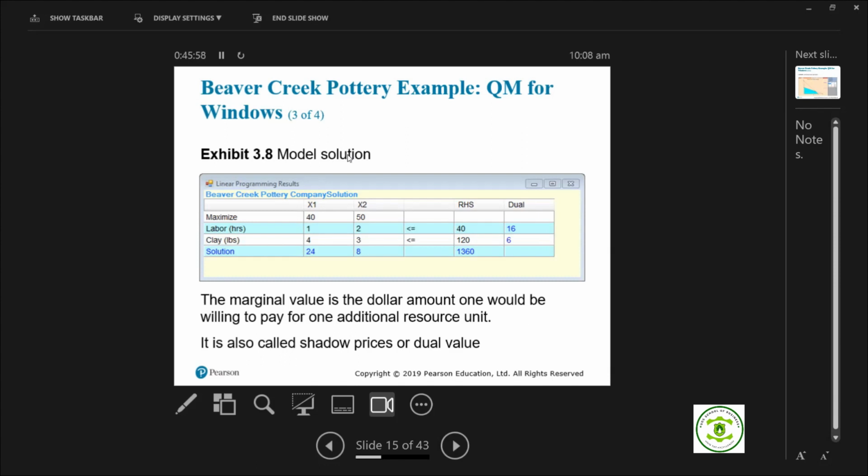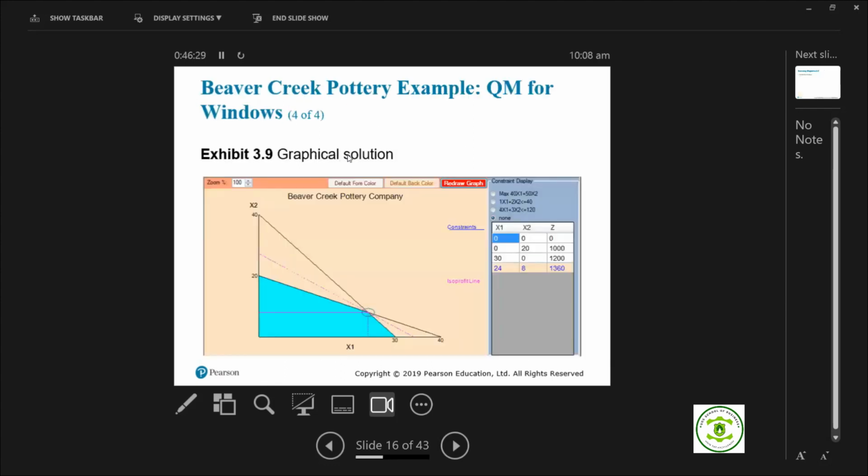So if you know these values, you will not go and hire labor at more than $16. You would negotiate to hire labor at maybe 10, or if you can even pay them $2 and make extra 14 from there, you'll be fine. Okay. So that is it about the marginal value.